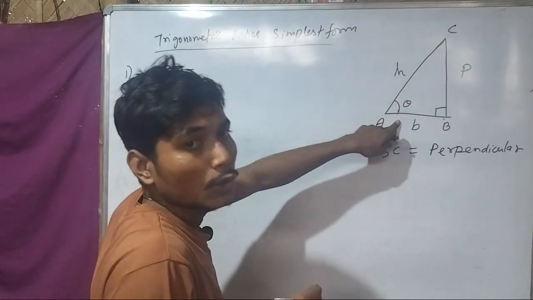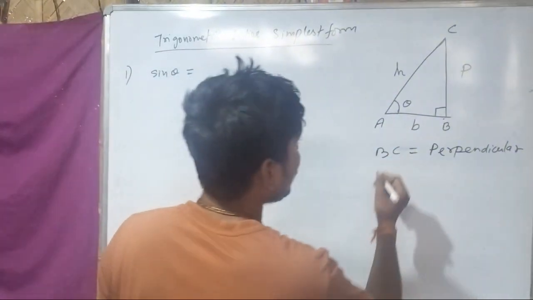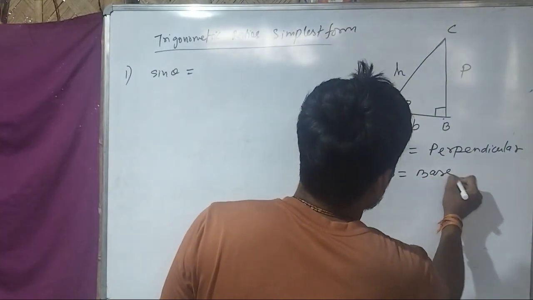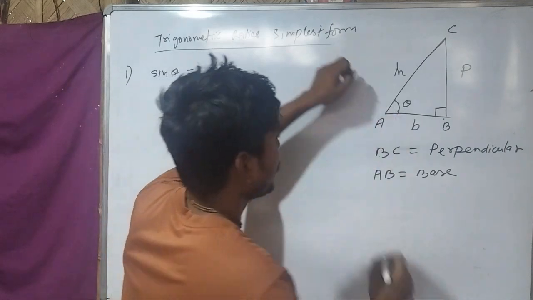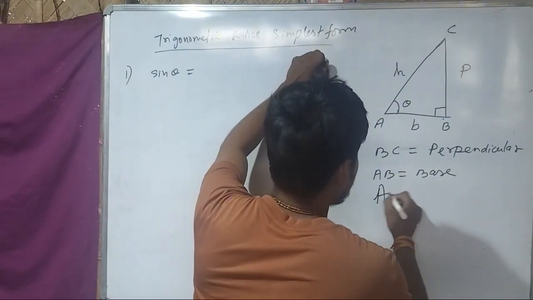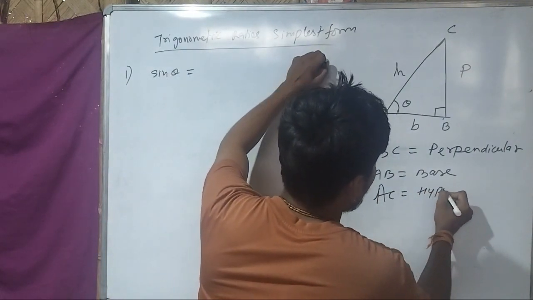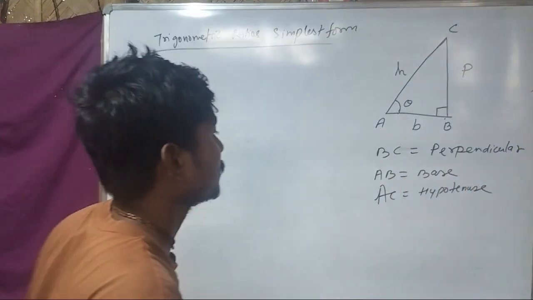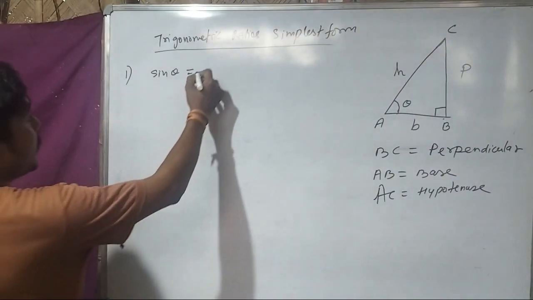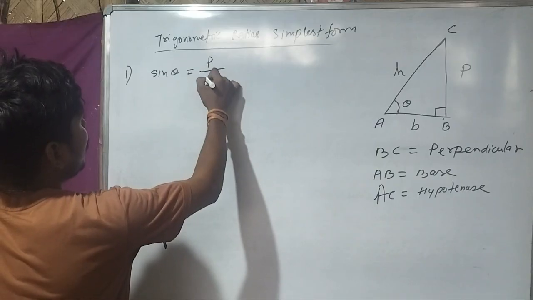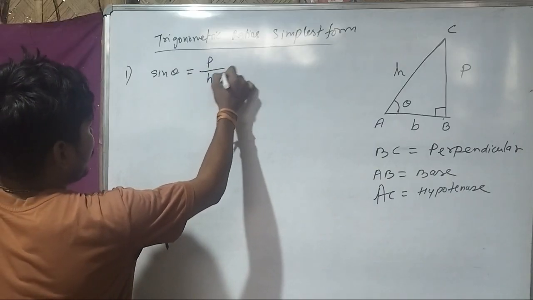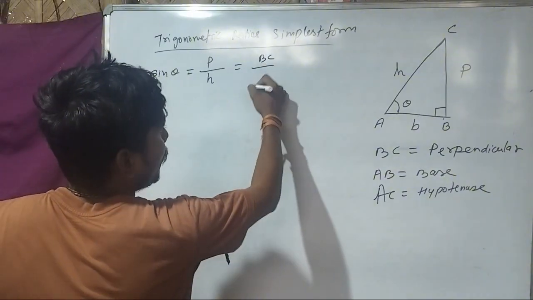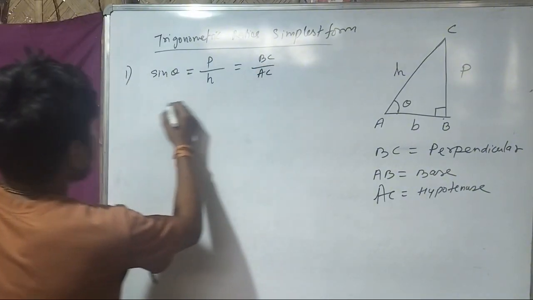This is perpendicular with respect to angle A or theta, and AB is base with respect to angle theta or angle A, and AC is hypotenuse with respect to angle A. Now see, sin theta means perpendicular by hypotenuse. Perpendicular is BC, and hypotenuse is AC. This is the simplest form.